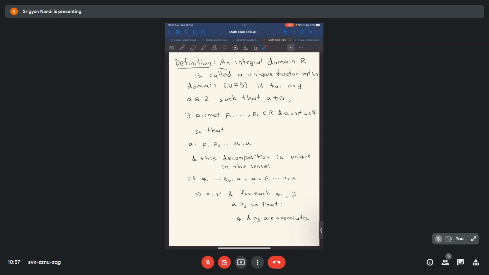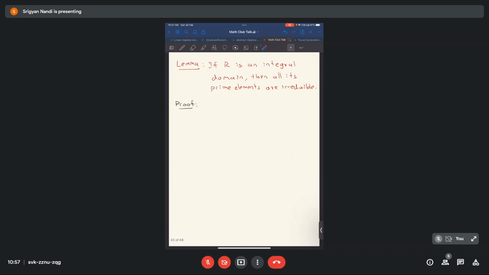Since being associate makes them more or less the same, as they only differ by a factor of a unit, which is a very trivial element in R, this decomposition is unique up to this sense. That is a pretty fair assumption to make, since we can have two different primes that divide the same element, and the primes themselves are associates, since being an associate of the other does not really change the properties in a very large way.